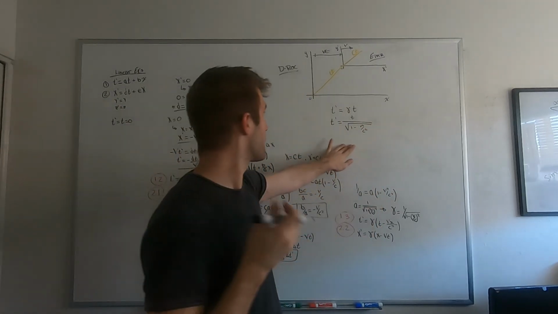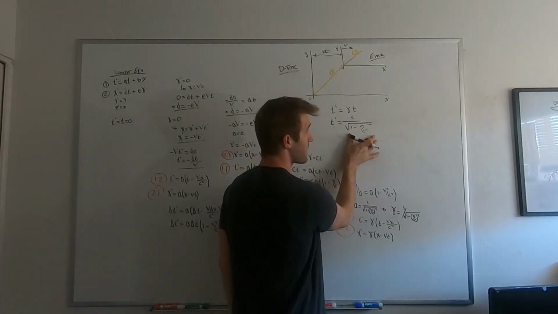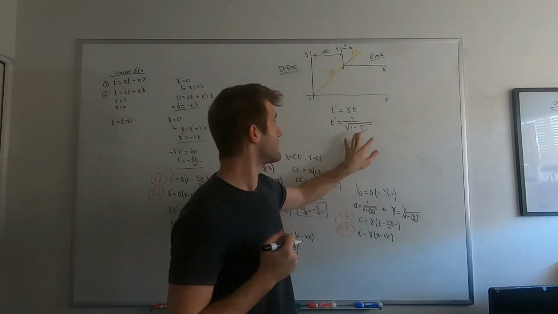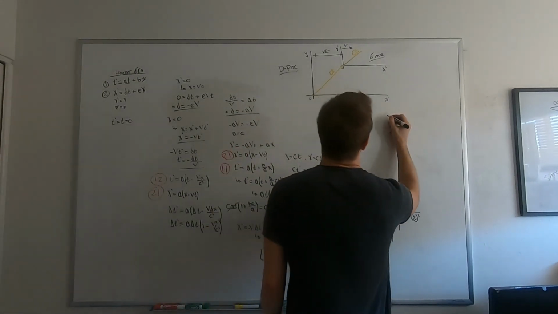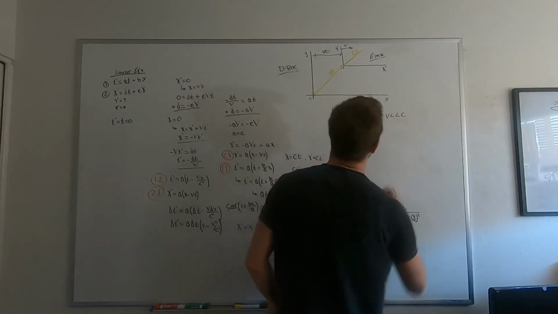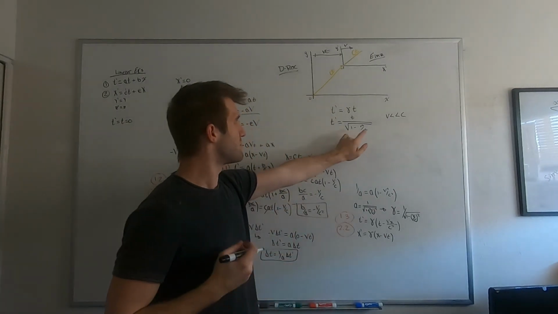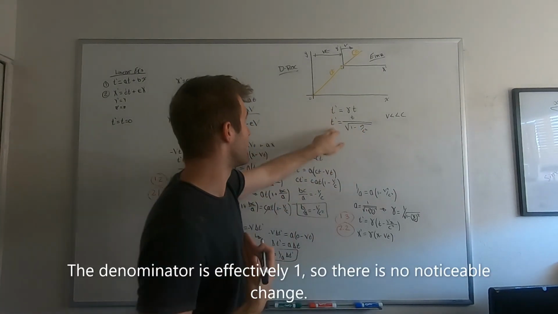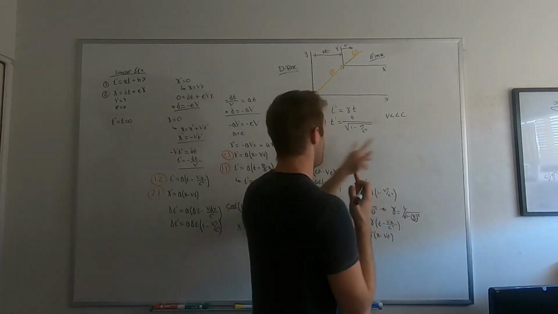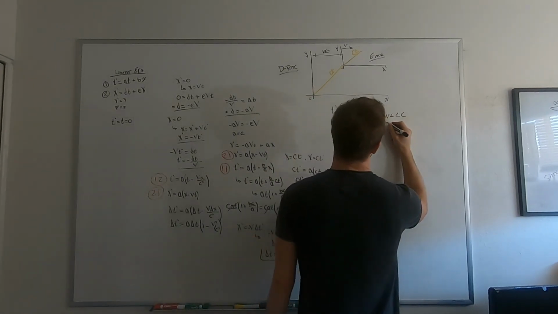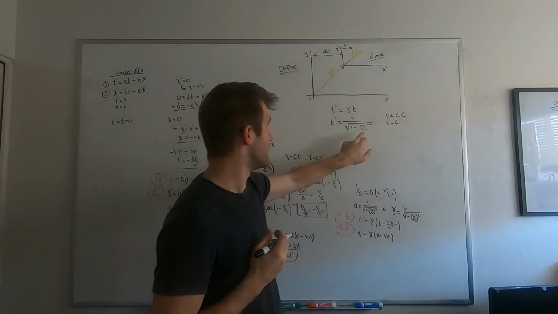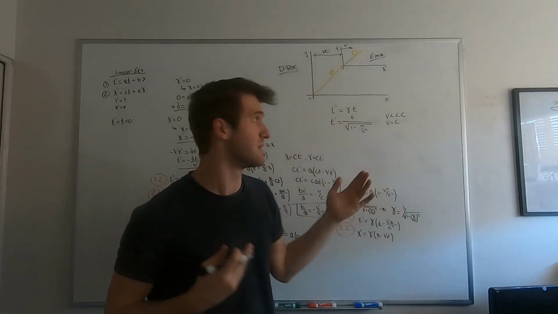If you see here, this value is going to be very small when v is much smaller than c, and you're not going to have a very noticeable difference. But if you're moving at speeds almost equal to c, say v is equal to c, you would notice that this ends up becoming 0 in the denominator.